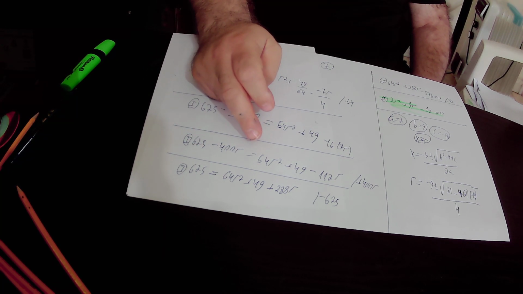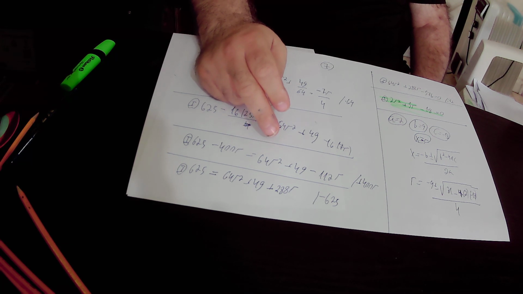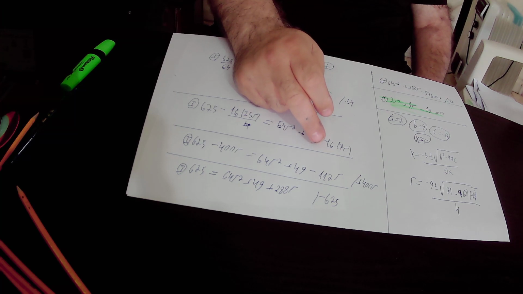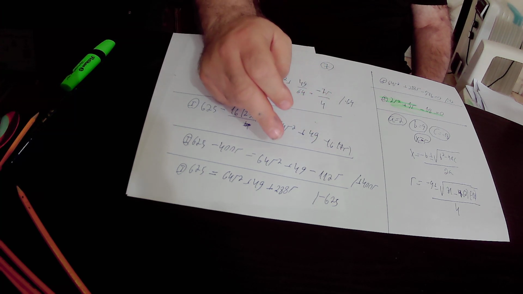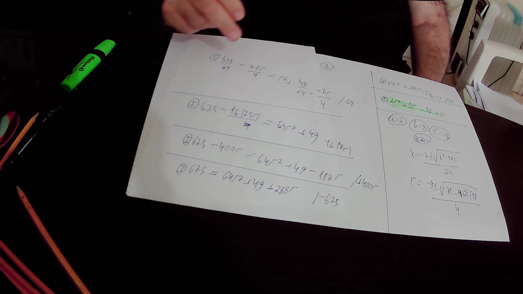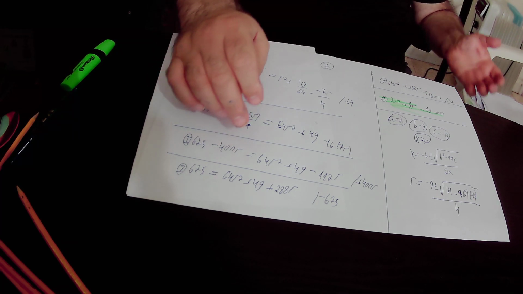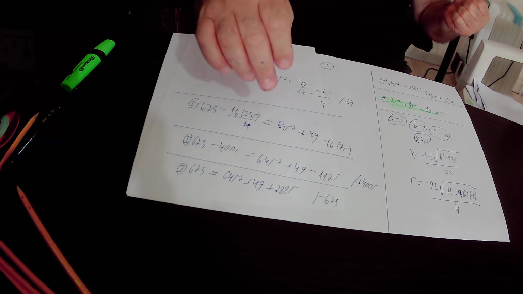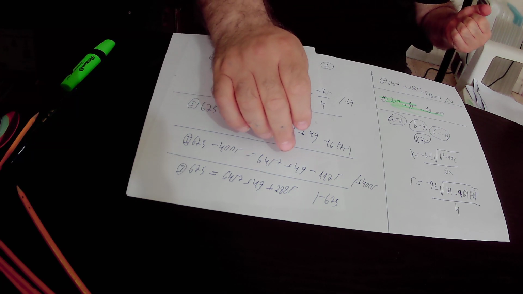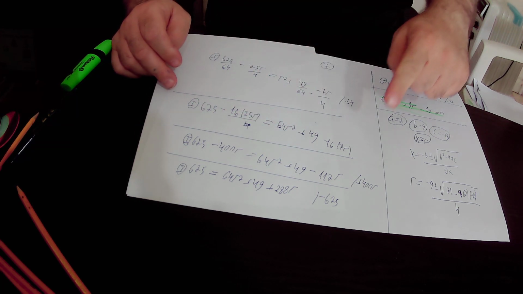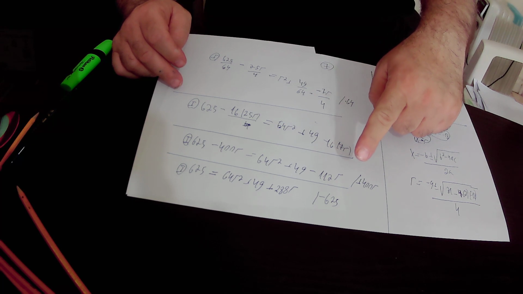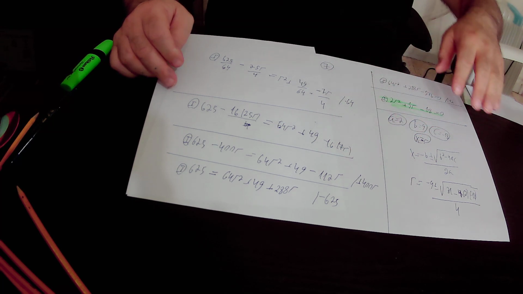Here we have 64r squared plus 49, and we have here 400r minus 112r, it is equal to 288r. So in conclusion, we found out that according to equation number 1, 625 equals 64r squared plus 49 plus 288r. We subtracted 625 from this equation number 1.